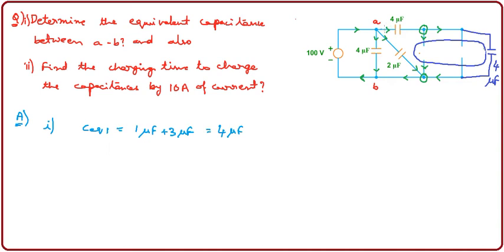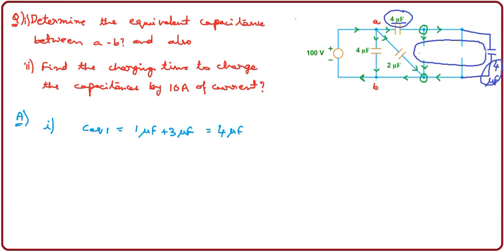Now the current is flowing in this way through 4 microfarad. There is no path here, but there is a path here, so it is flowing through the other 4 microfarad also. The same current flows through this 4 microfarad and this 4 microfarad. So we can say that these two are in series.